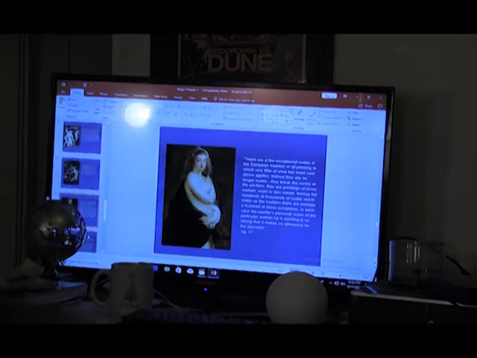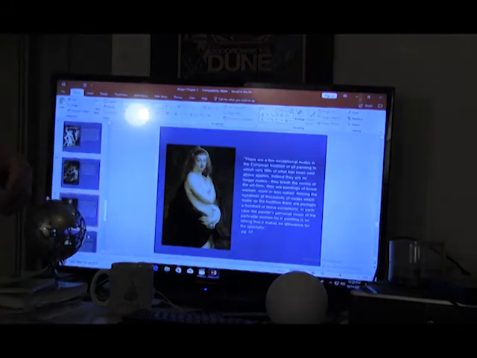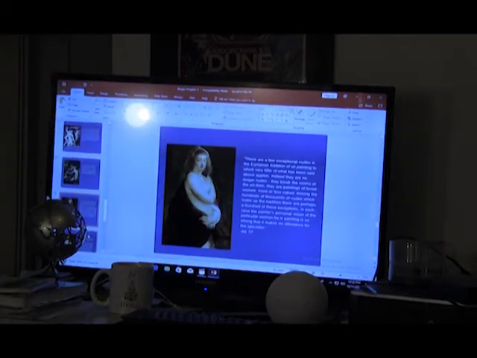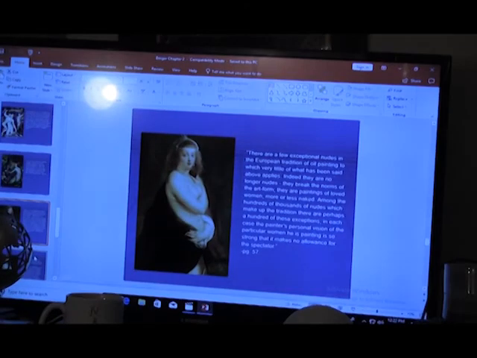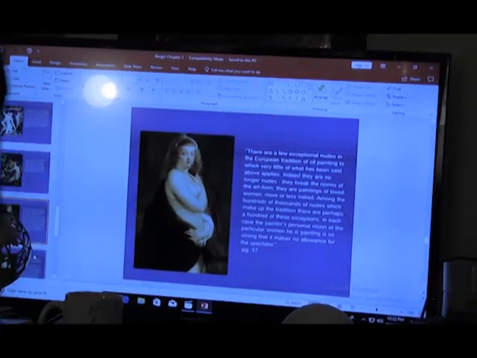Then he'll say there are a few exceptional nudes in the European tradition of oil painting, to which very little of what has been said above applies. Indeed, they are no longer nudes. They break the norms of the art form. They are paintings of loved women, more or less naked, among the hundreds of thousands of nudes. And we got to remember that this wasn't just some side genre, some sidebar. This was like a bowl of fruit.